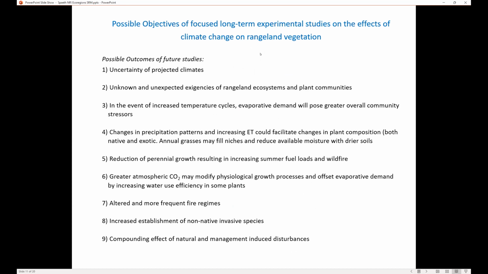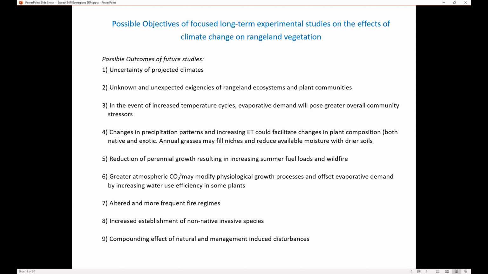So, when we look at, I guess the question is, with climate change, what could we learn from focused long-term experimental studies? Obviously, we could look at maybe the uncertainty of projected climates.